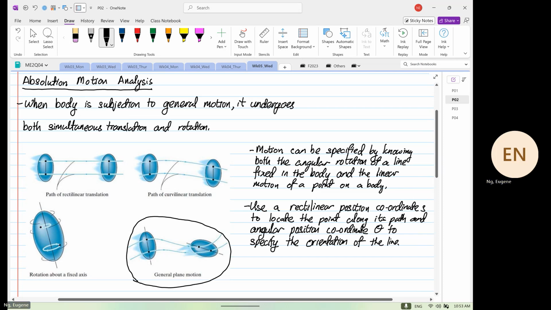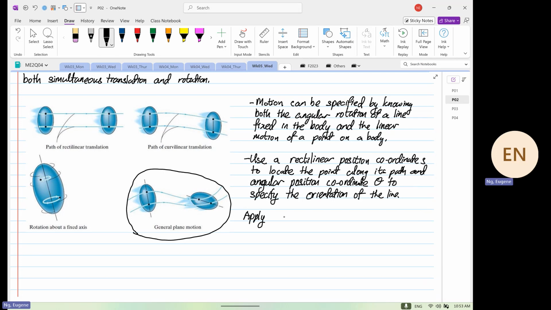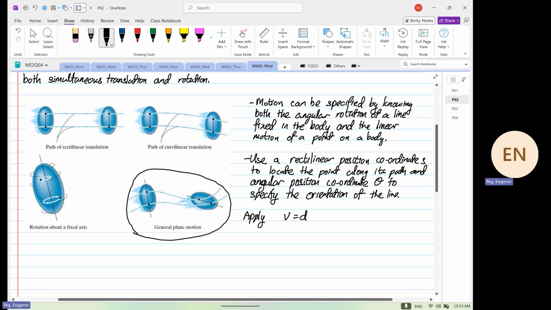Okay. So we are going to apply two sets of equation. First, v is equal to ds over dt, and acceleration is equal to dv over dt. So this is for the linear motion.